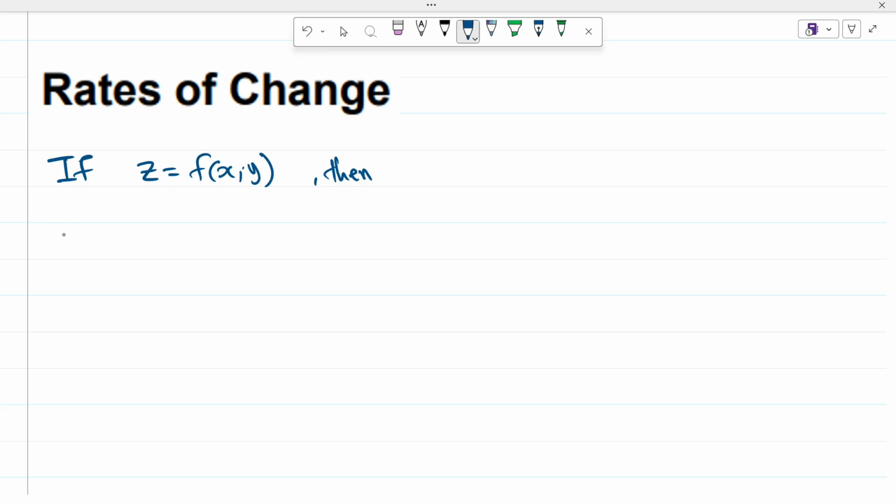So it will be dz/dt, which is going to be equivalent to the partial derivative of z with respect to x multiplied by dx/dt, right? And then plus the partial derivative of z with respect to y multiplied by dy/dt, just like that.